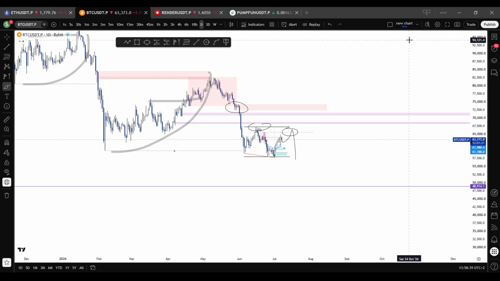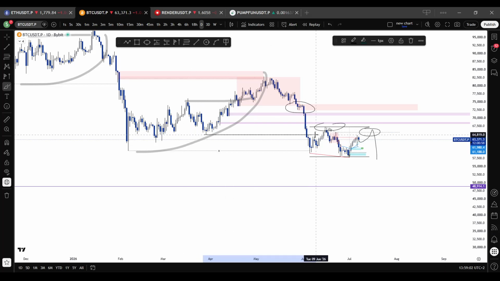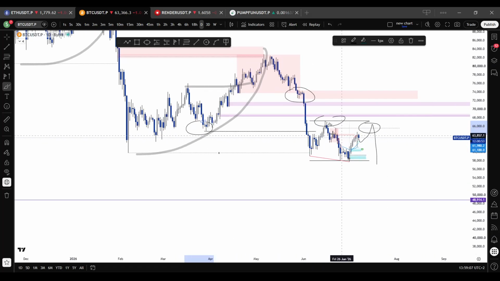So what they do is they engineer liquidity, for example, around here. They set all these lows, and every buy order that is stopped out is a sell market order. So if they want to buy, they push the price down, all these longs get stopped out, the stop loss gets triggered, it's a sell order, and they're able to accumulate.